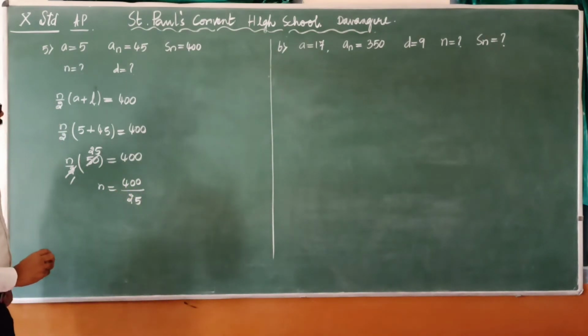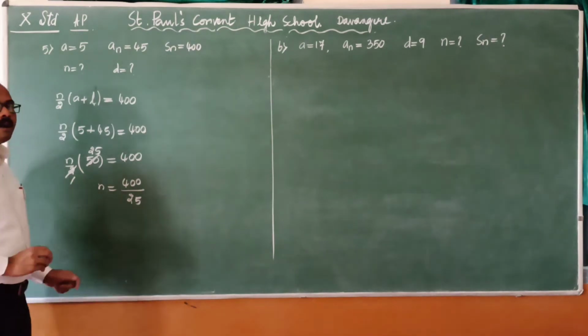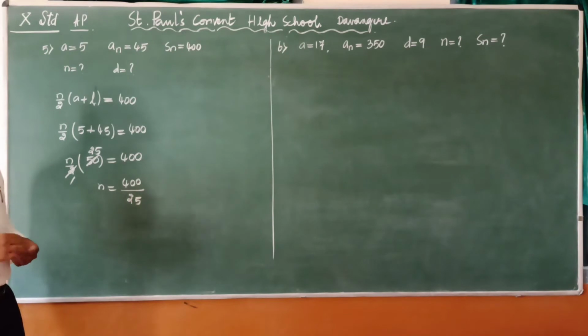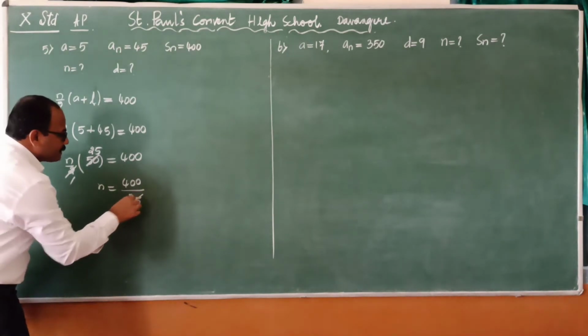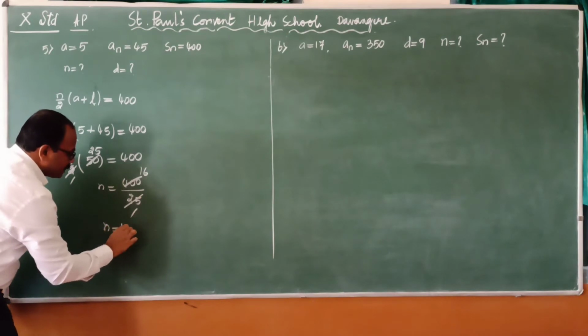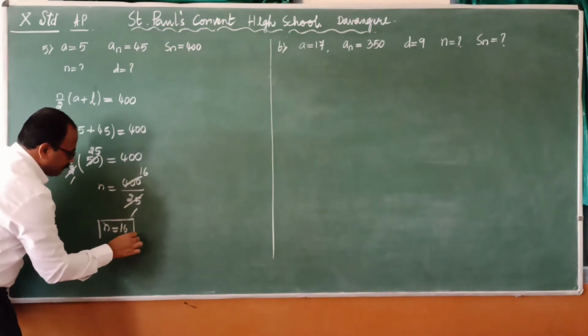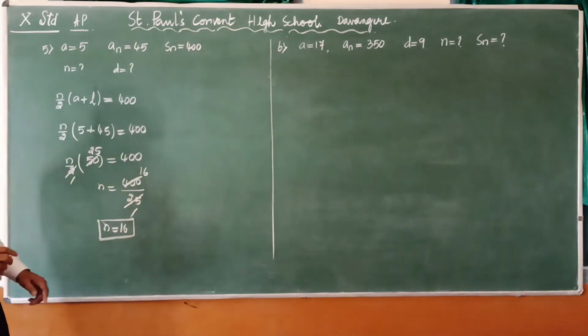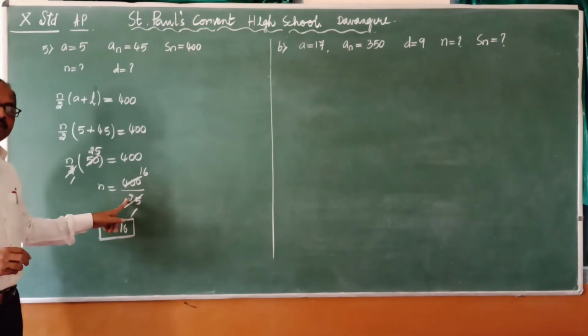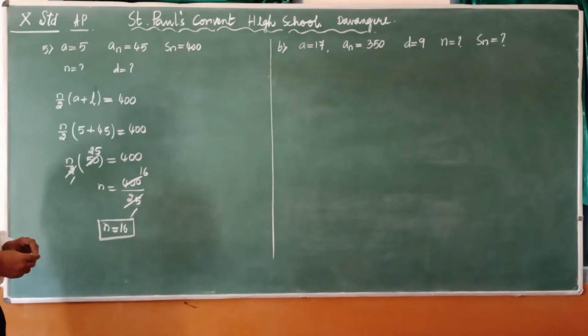In 100, 25 goes 4 times. Therefore, 16 times it goes, children. N will be equal to 16. Slowly calculate and find out, children. 100 will have 4 times, 200 8 times, 300 12 times, 400 16 times.